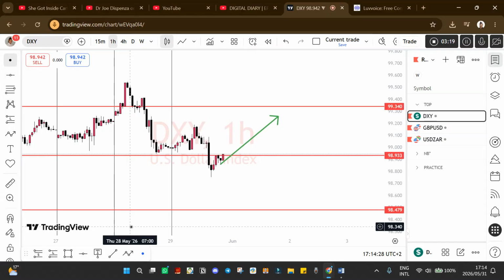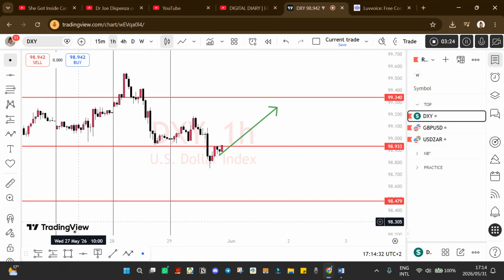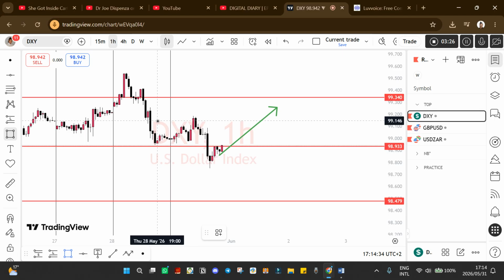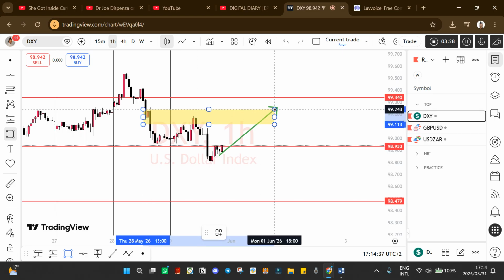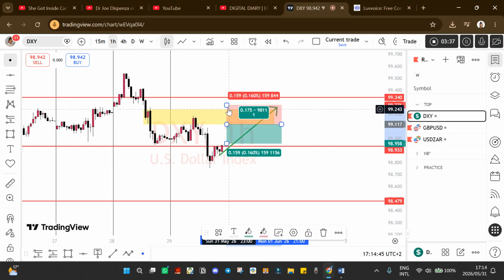Now, usually what I do is on the 1 hour chart, I like to get my entries, so I look at my entry model and stuff like that. Over here we have an order block, and this is a high probability entry for me.